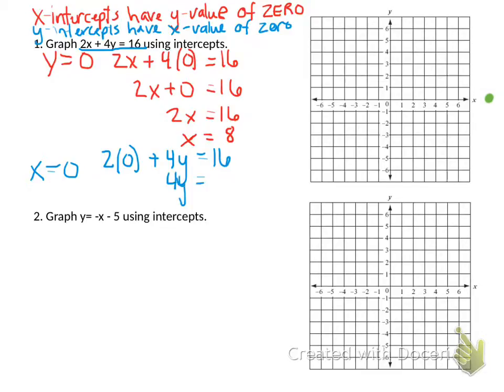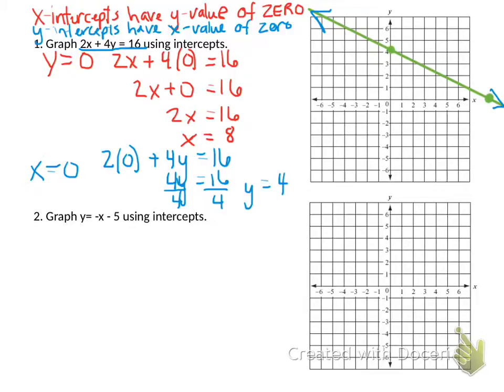So 4y equals 16, divide by 4, and y equals 4. So I'm going to put that point on my graph on the y-axis at 4. I've got my 2 points. 2 points is enough to make a line. Draw that line, add some arrows on the end. You are good to go. Wasn't that quick? A lot quicker than making a table.